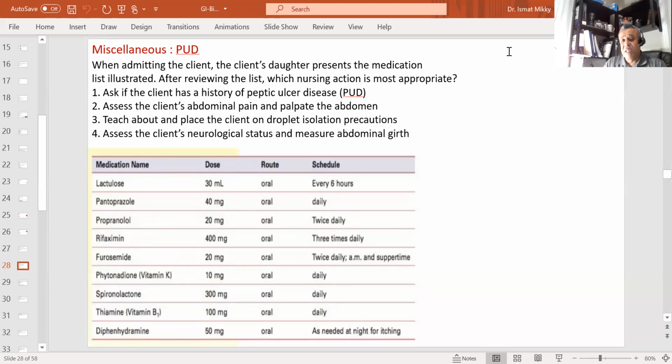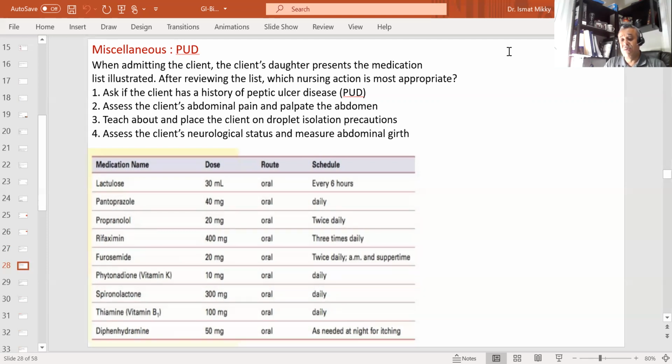All medications listed here are used to treat liver cirrhosis and its complications of portal hypertension. Remember that esophageal varices are a complication of portal hypertension from liver cirrhosis, along with hepatic encephalopathy.